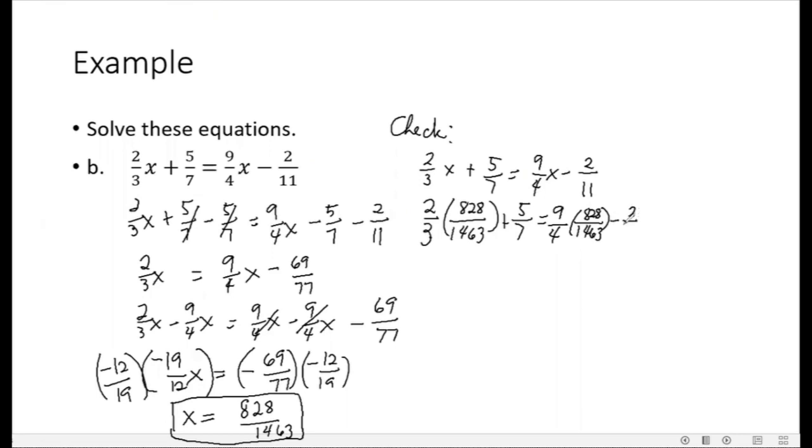Okay, for the left side, multiply first 2 times 828.